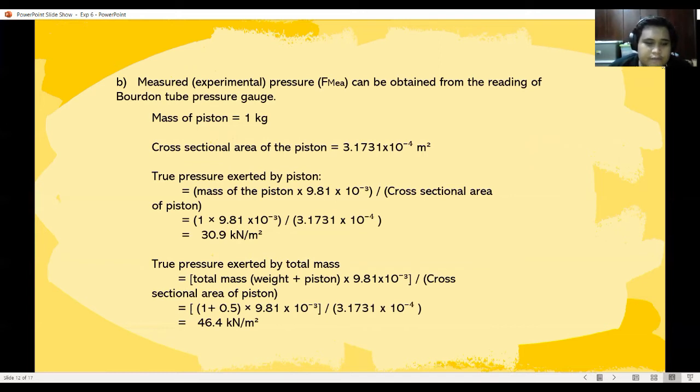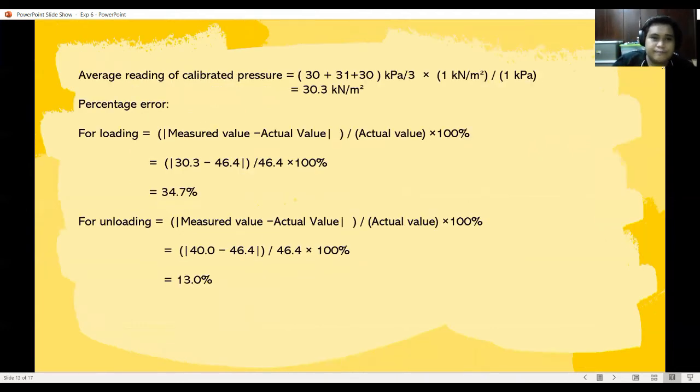So the answer is 46.4 kilonewton per meter square. So the average reading of calibrated pressure is 30 plus 31 plus 30 kilopascal divided by 3, times 1 kilonewton per meter square divided by 1 kilopascal, equal 30.3 kilonewton per meter square.